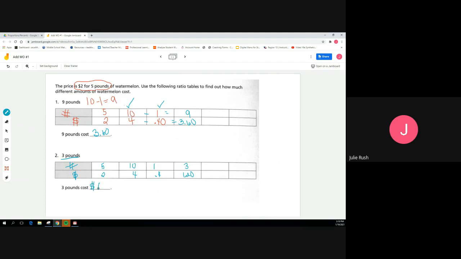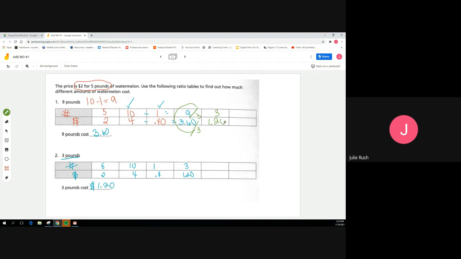Okay. You could have done this a different way if you use the information at the top. So let me grab another color. I'm going to grab the green and show you if you had started here and said, well, I know that 9 pounds is $3.60. If I divide each one of these by 3, that would give me my rate for 3 pounds. 9 divided by 3 is 3. $3.60 divided by 3 is $1.20. 60 cents divided by 3 is 20 cents.